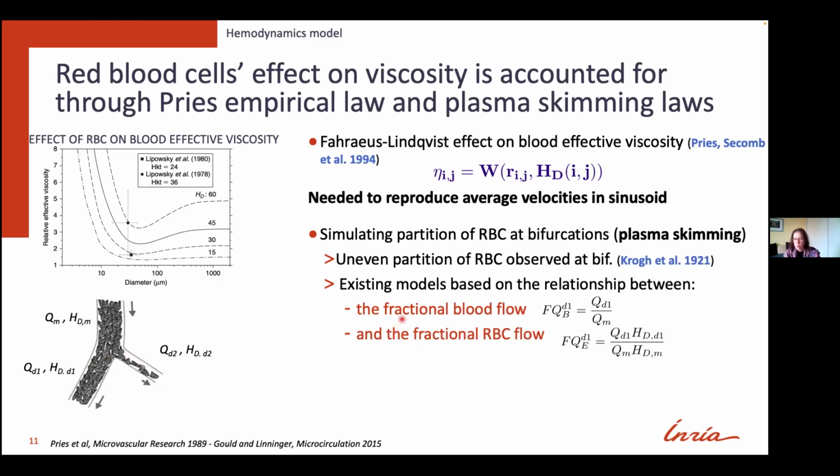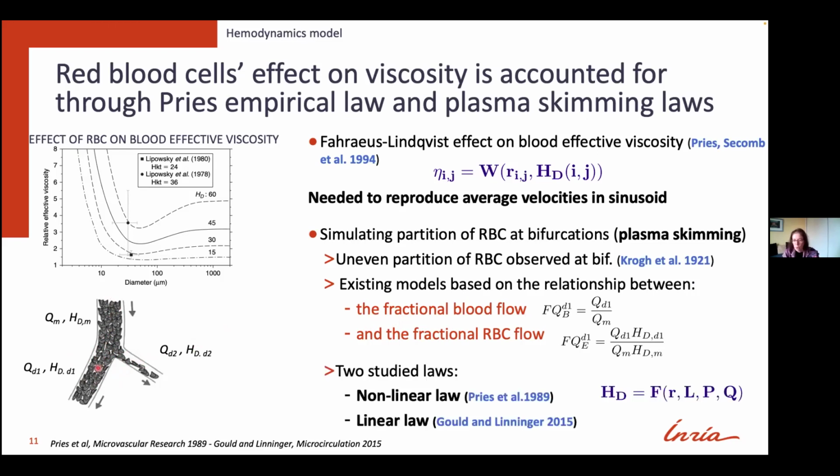And this has been observed experimentally. So here we'll consider the fraction of blood flow in bifurcations going from a mother branch to two daughter branches, as well as the fractional red blood cell flux. And so this effect is also changing the hematocrit.